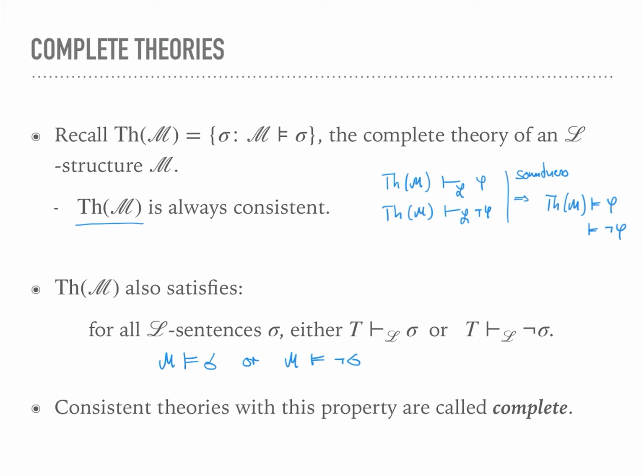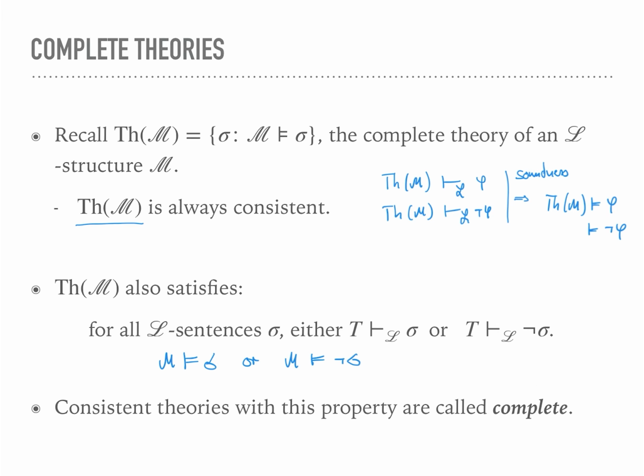Now, generally, consistent theories with this property, that they split the set of all sentences over a language into two, depending on whether the theory proves it or not, right? This complete splitting into true and false, or provable and not provable, are called complete.